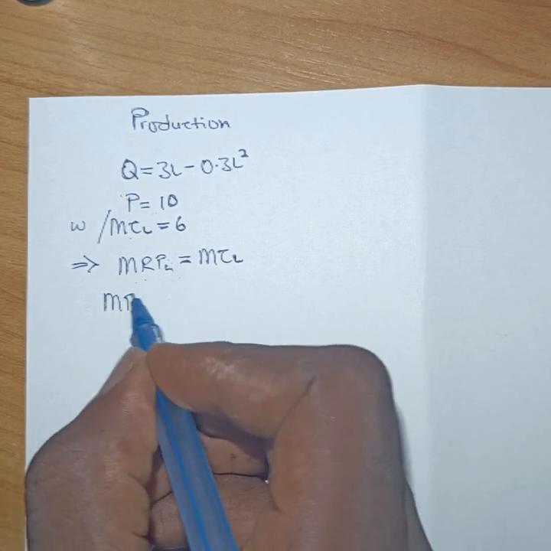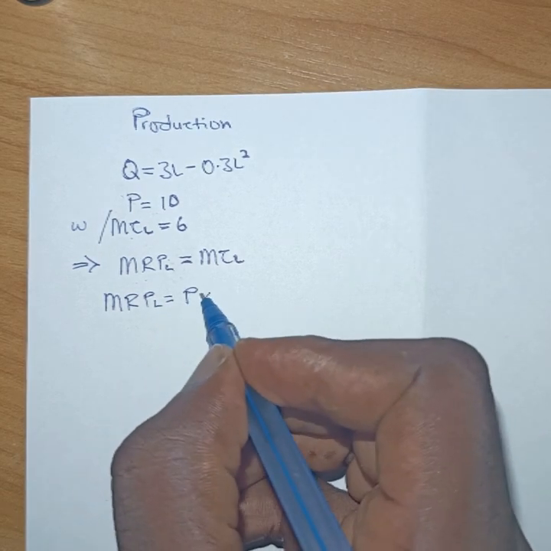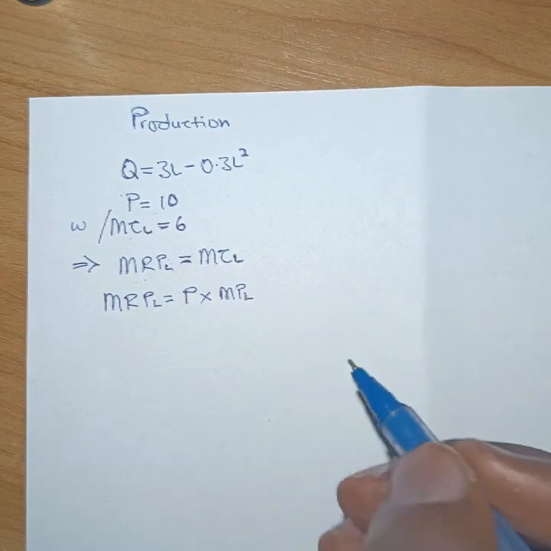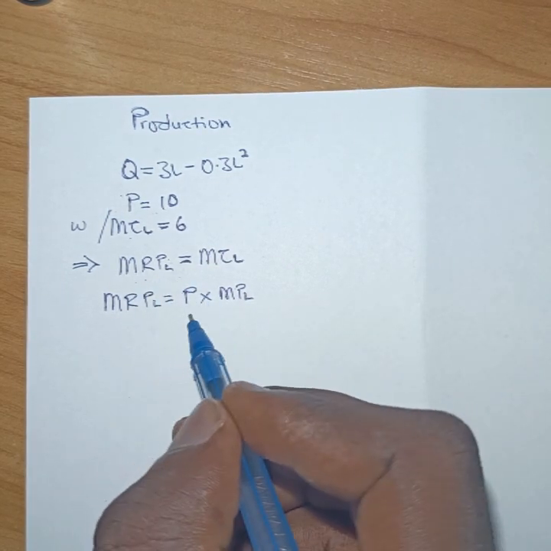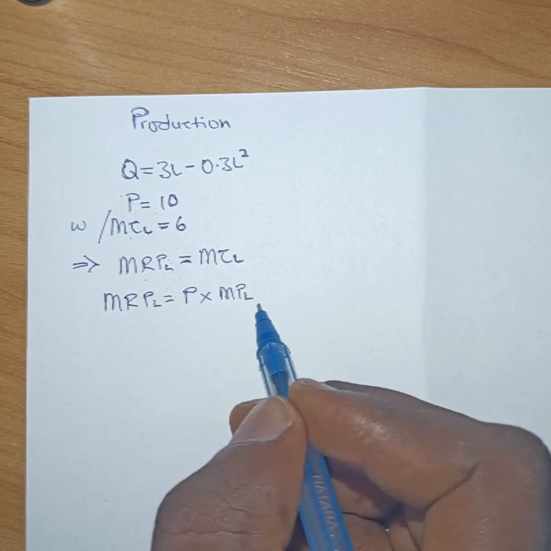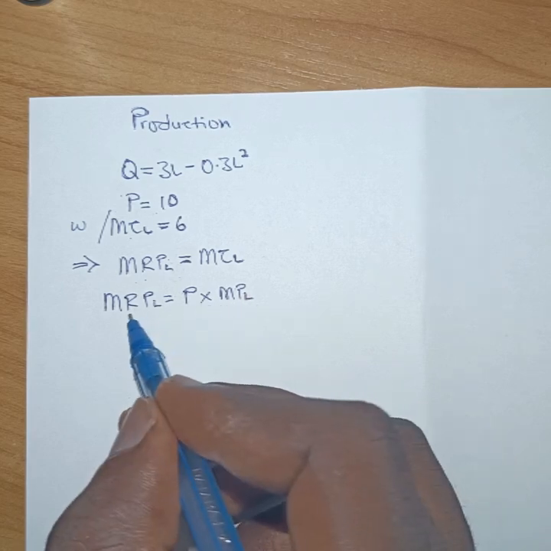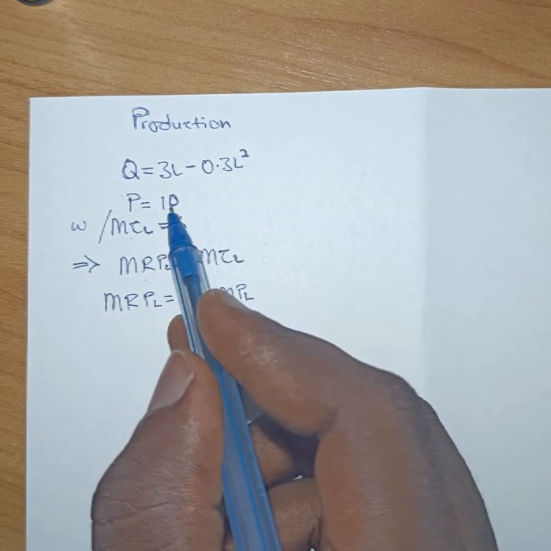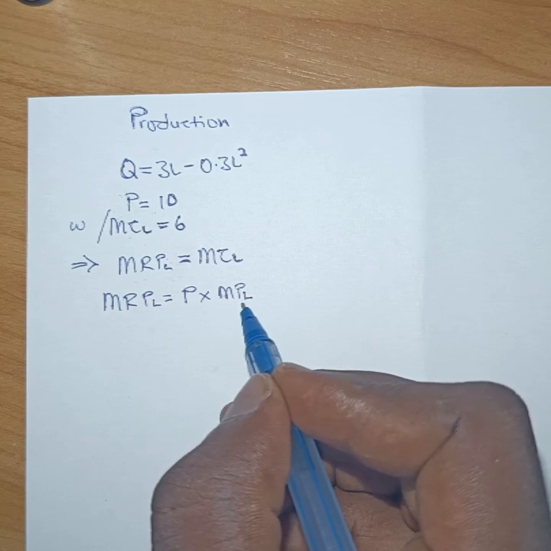So MRPL equals price times marginal product of labor. Okay. So if you break MRPL down, you're going to get P times MPL. So this is the breakdown of MRPL. And already we have price, which is 10 over here. Okay. So the next thing is we should find the MPL.